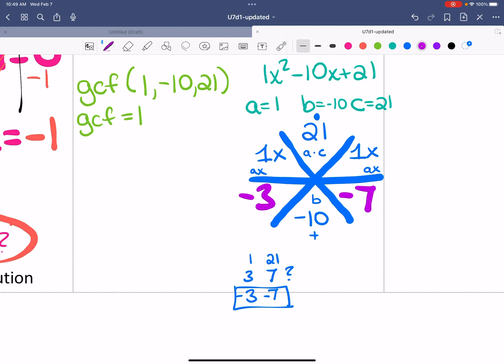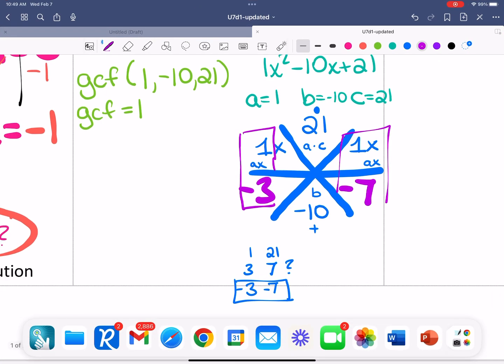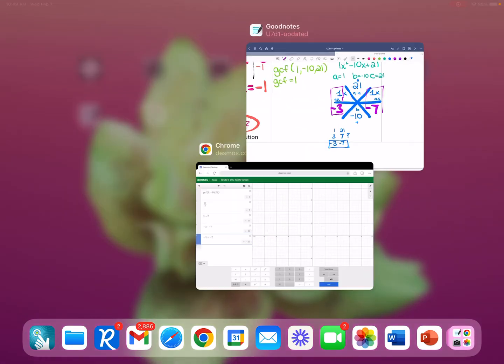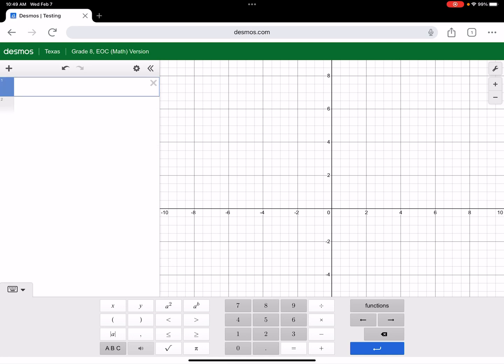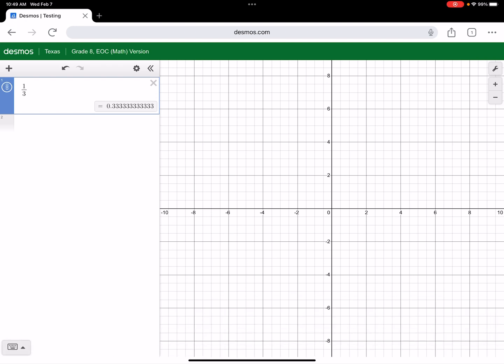All right, from there, we need to check and reduce our numbers here on the left and numbers on the right. And remember, the trick is if you already have a 1, it's more than likely not going to be reduced. But I'm going to go ahead and type it in just to go over our steps with factoring if you're still having trouble with that snowflake method. I'm only going to type in the numbers 1 over 3 and 1 over 7.